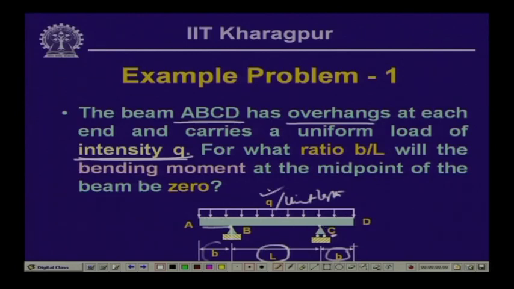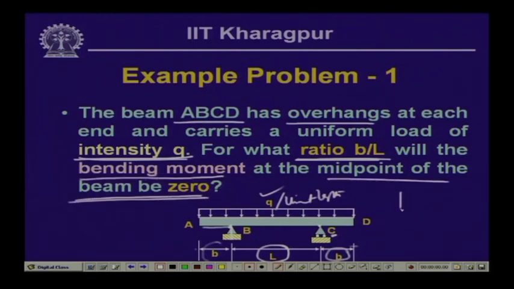Now, we will have to find the ratio b by L so that the bending moment at the midpoint of the beam is 0. If we call the midpoint E, then for what value of b by L is the moment at E equal to 0? This is the aspect we will look into.